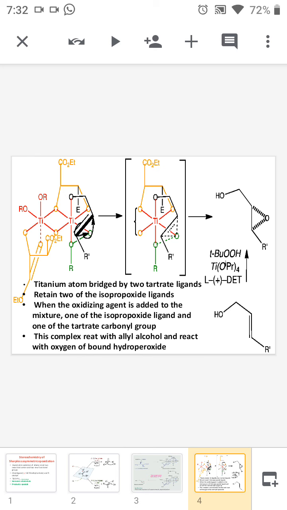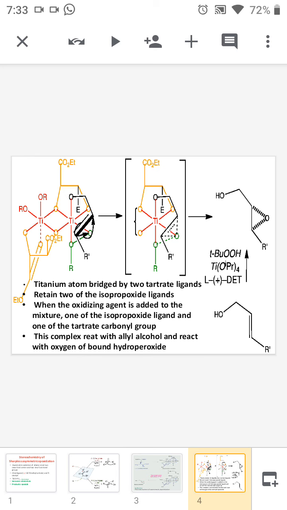Isopropoxide ligand. Then one of the tartrates is removed. One of the carbonyl groups of the tartrate is removed, and this forms a complex. This complex reacts with allyl alcohol, and it again reacts with the hydrogen of the peroxide. Then see the transition, see the structure of the complex which is attached to the allyl.